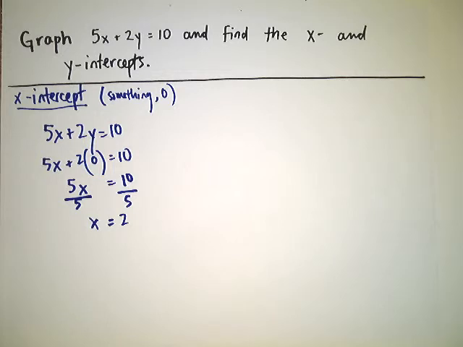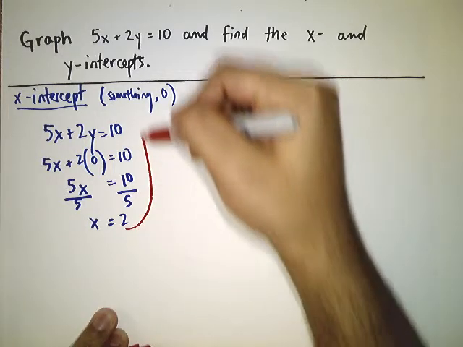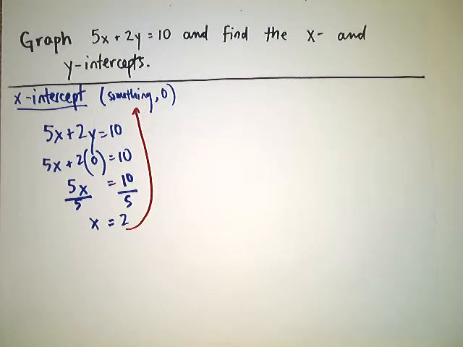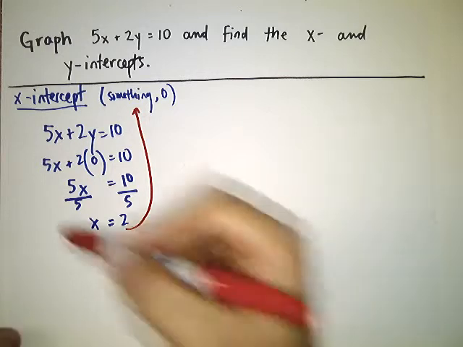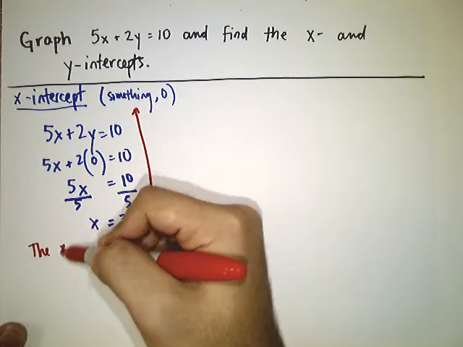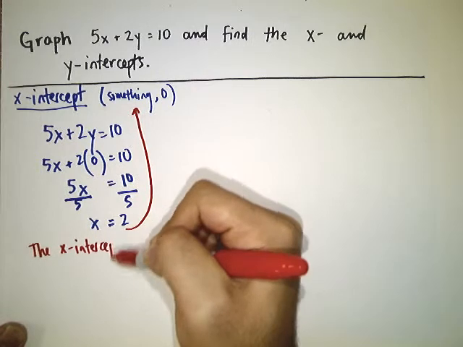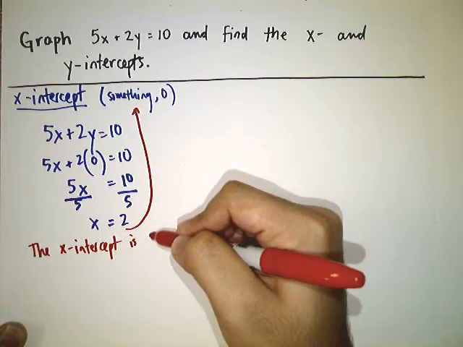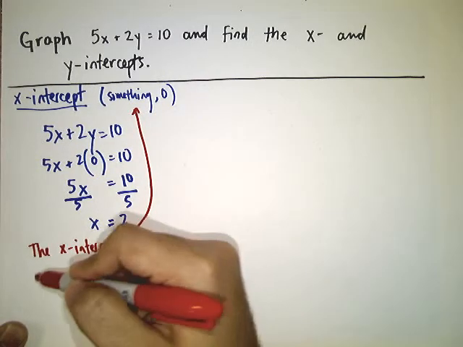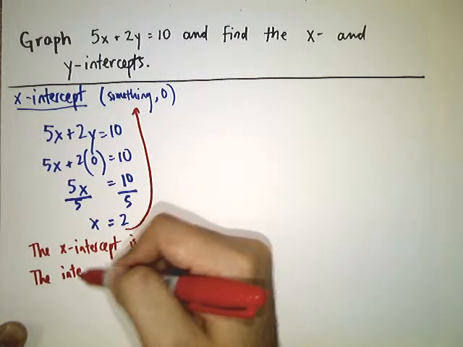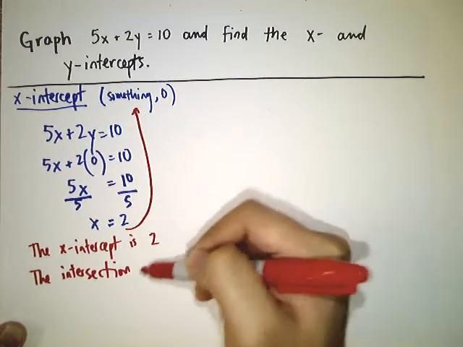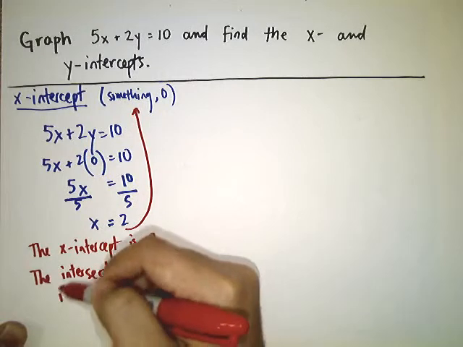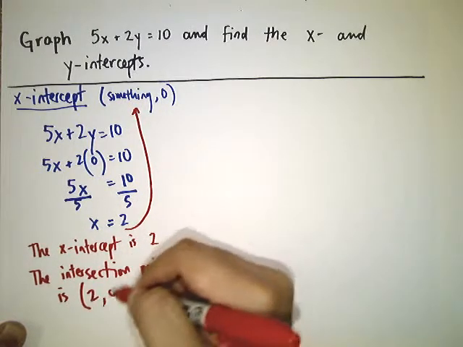In other words, that's the x-coordinate of the x-intercept. That means that the x-intercept is 2, and the intersection point is (2, 0).